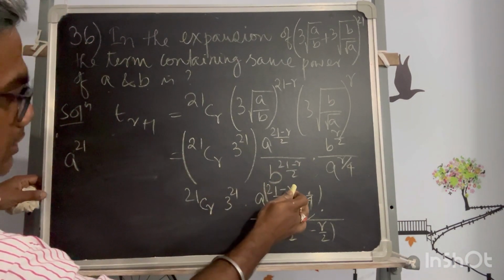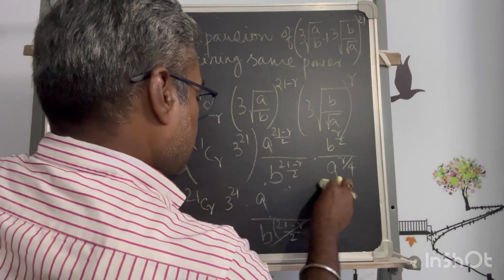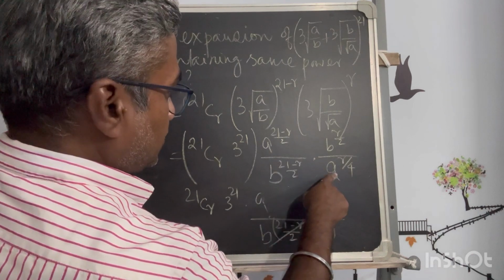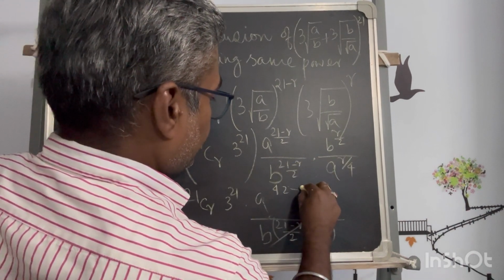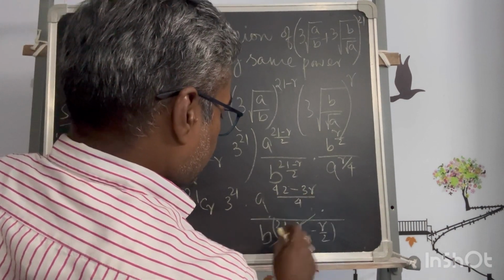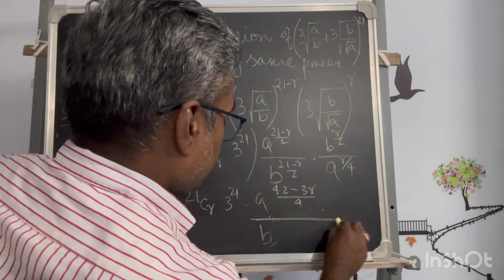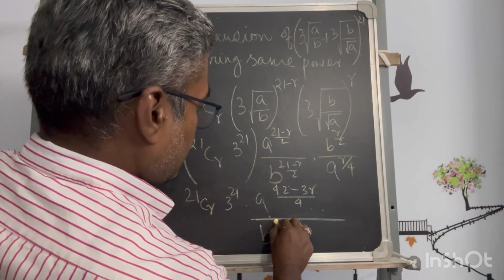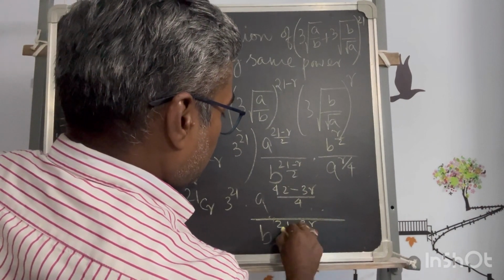21 minus r, this is coming ultimately how much? This is coming as A to the power (42 minus 3r) by 4, and this is coming as B to the power (21 minus 2r) by 2.